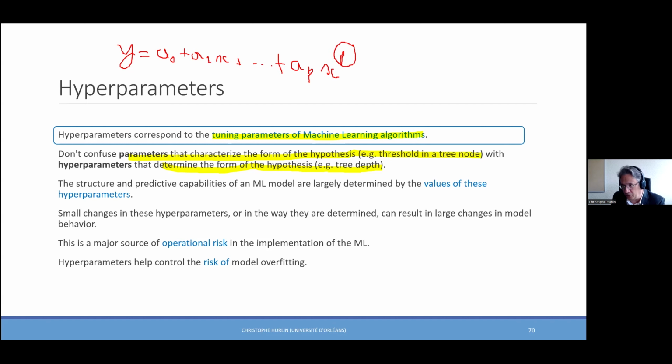It controls the general form of the specification of your model. And what we call parameters simply corresponds to the parameters of your regression, a0, a1, ap. So the hyperparameters determine the form of the hypothesis of the model, and the parameters determine the value of the form of the hypothesis.